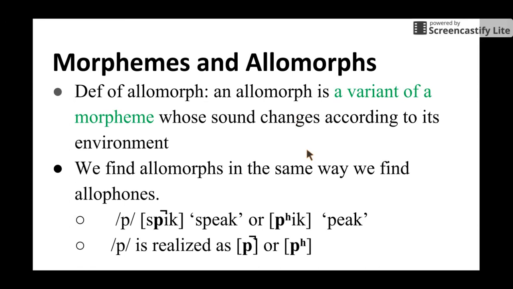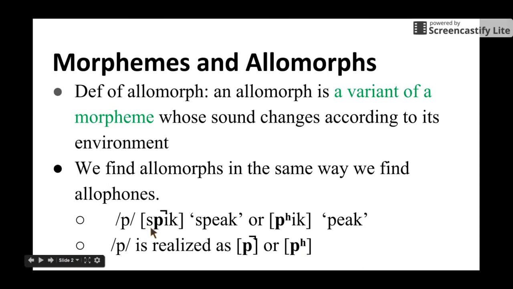So actually, allomorph is very similar to allophones. Do you remember what an allophone is? Here's an example. The P sound can be realized as an unaspirated P or a P with aspiration.